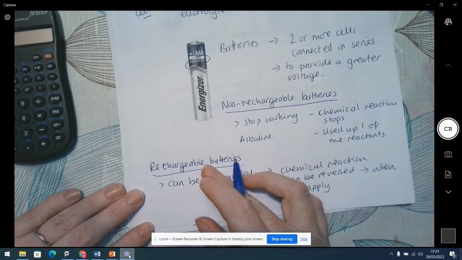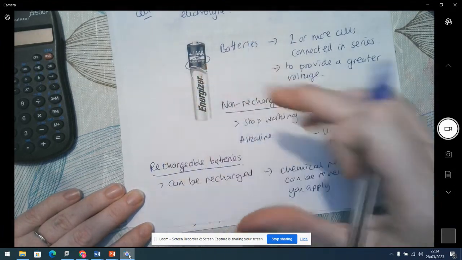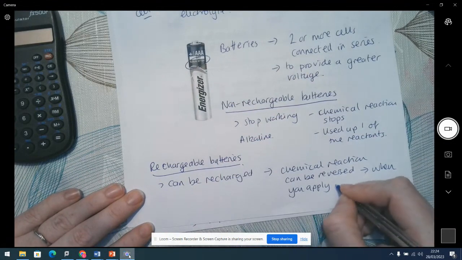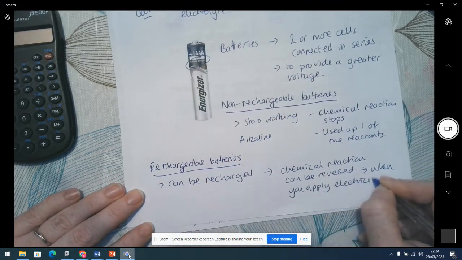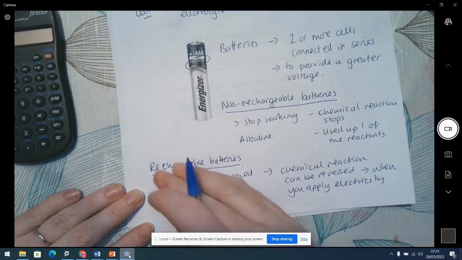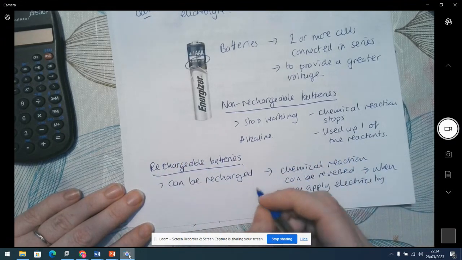So usually for your rechargeable batteries, you might get a little plug socket where you put your batteries in, you then plug it into the mains electricity, and when you apply electricity, it allows the chemical reaction to be reversed and therefore recharges the battery.